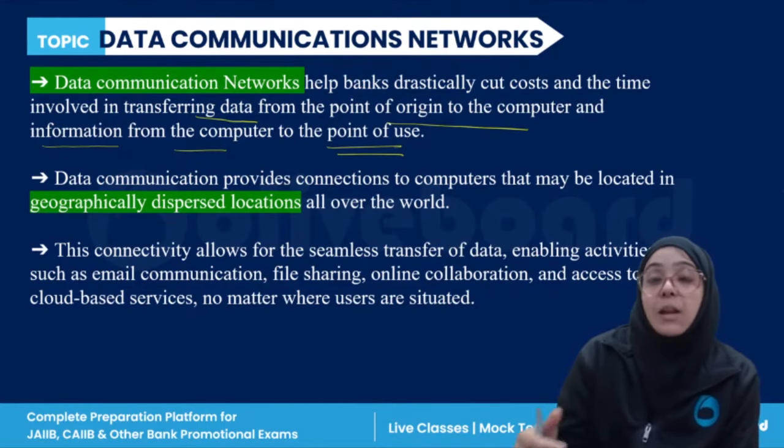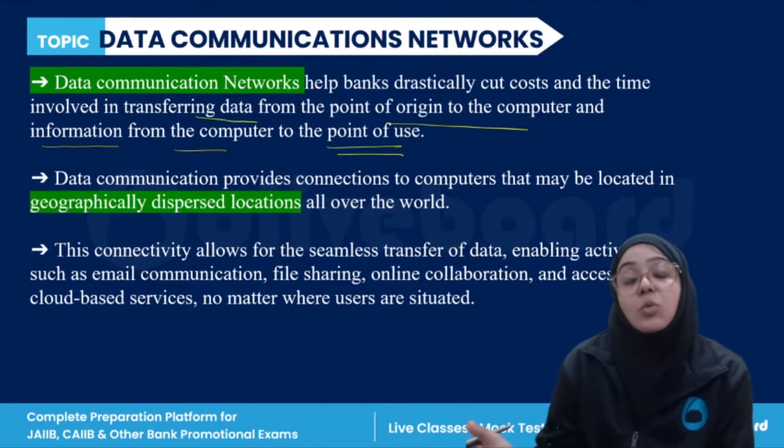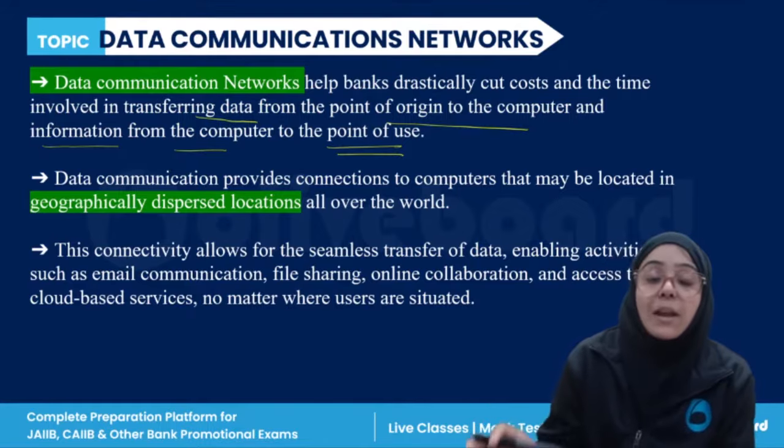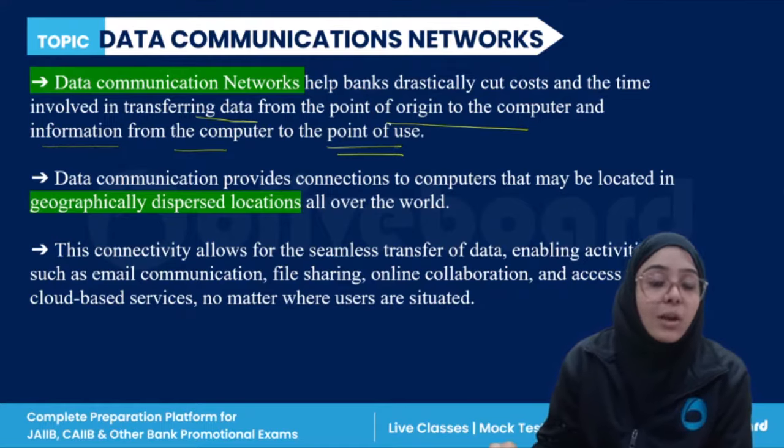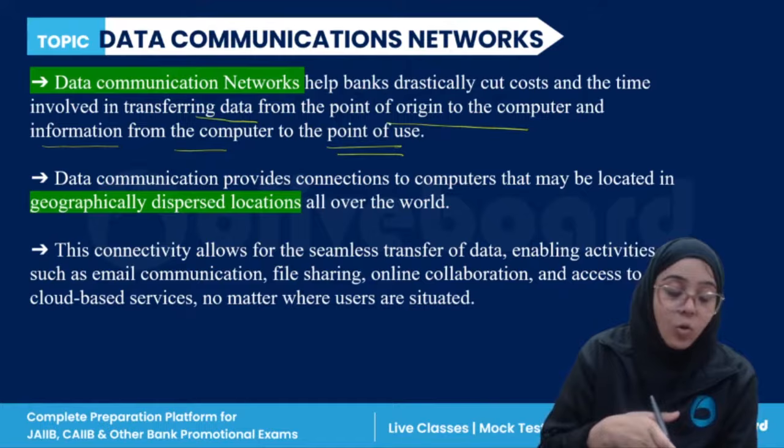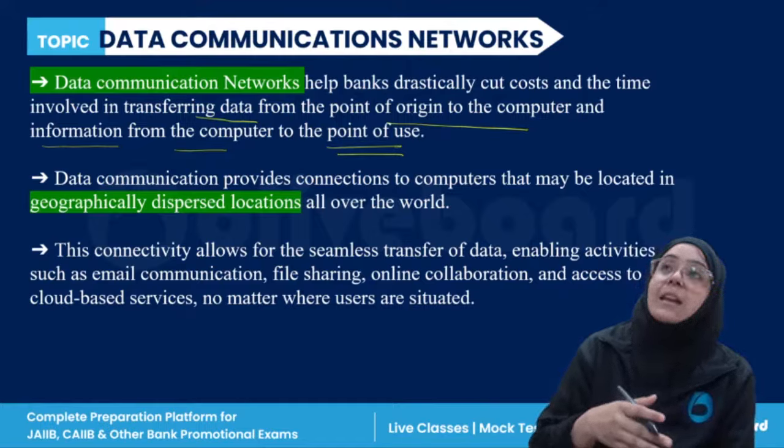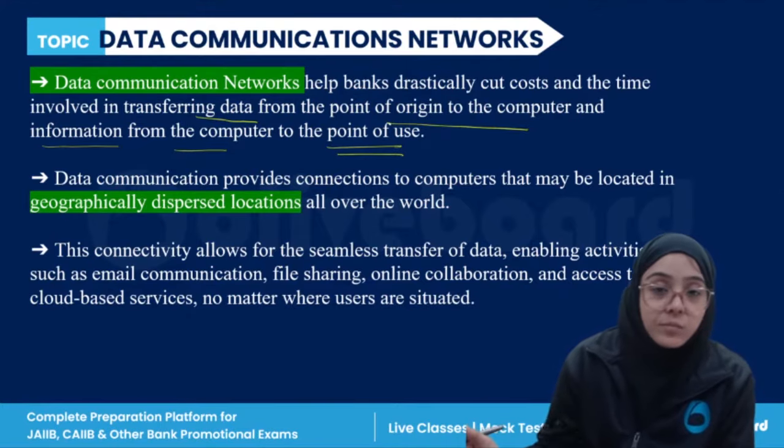Now, data communication provides connection to computers that may be located in geographically dispersed locations. You are sitting here, and you want to send data to USA, right?